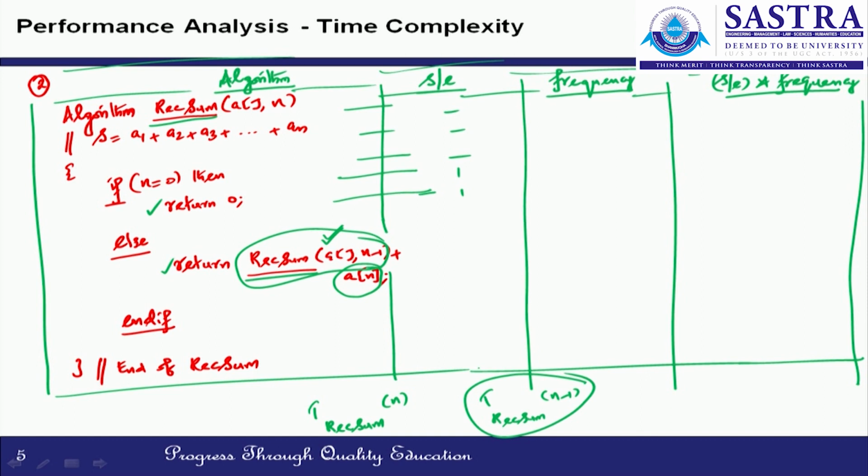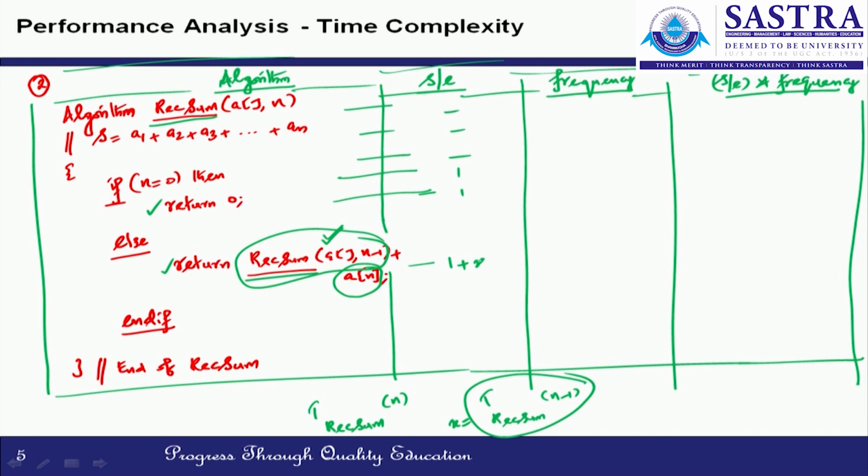Assuming in the return statement this recursive sum a array comma n minus 1 value is obtained. This is added with a of n. Since this return expression is taken as one step per execution, we put 1 plus the time to find the recursive sum of a array comma n minus 1. That computational time is x, equal to T recursive sum of n minus 1.